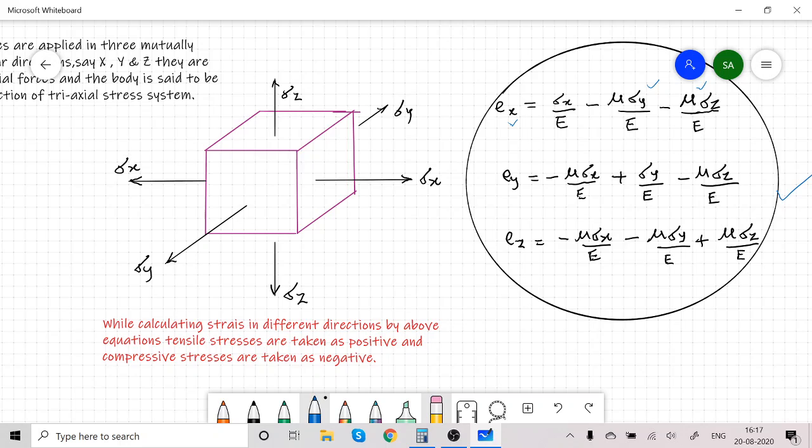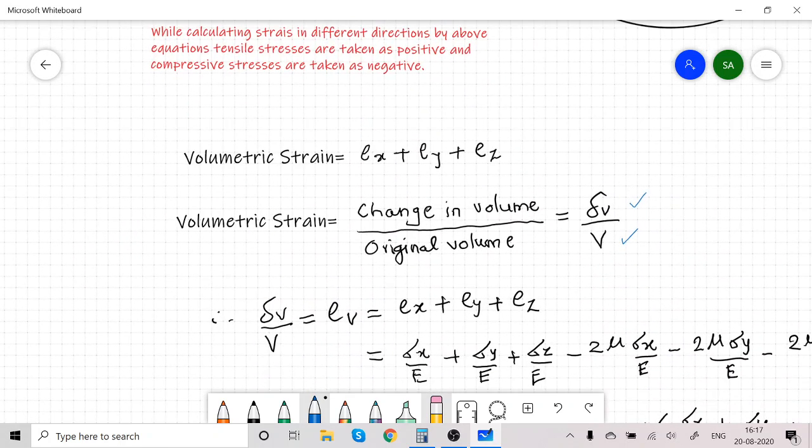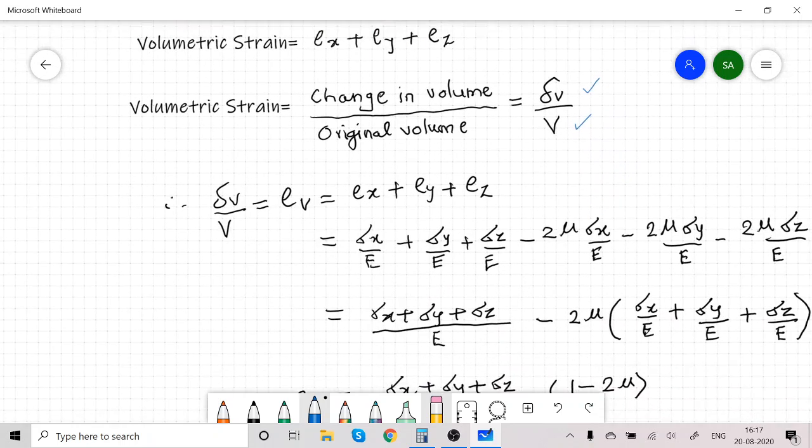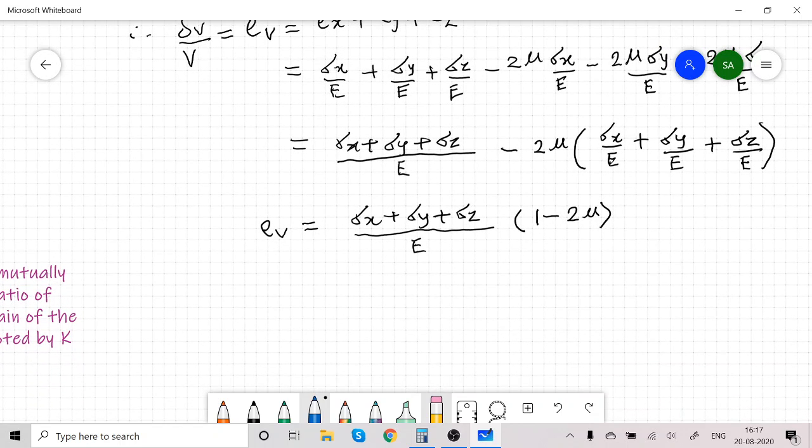To calculate the lateral strain, I multiply sigma upon E by mu, that is the Poisson's ratio. Then volumetric strain is given by Ex plus Ey plus Ez. What is volumetric strain? Change in volume divided by original volume. Substituting the values of Ex, Ey and Ez, I got a formula: volumetric strain is equal to sigma x plus sigma y plus sigma z upon E into bracket 1 minus 2 mu.